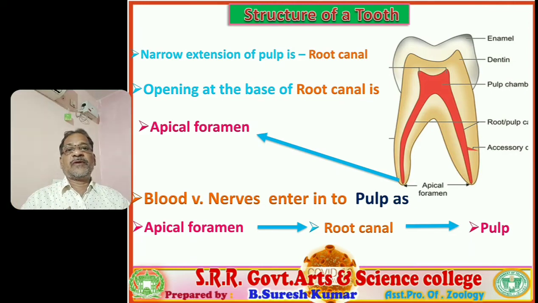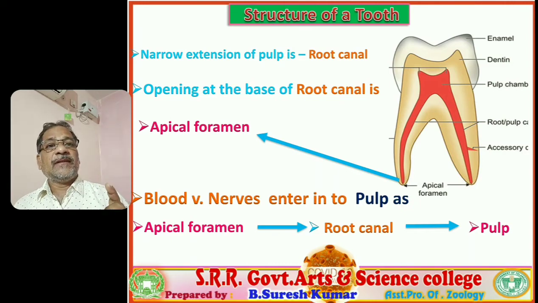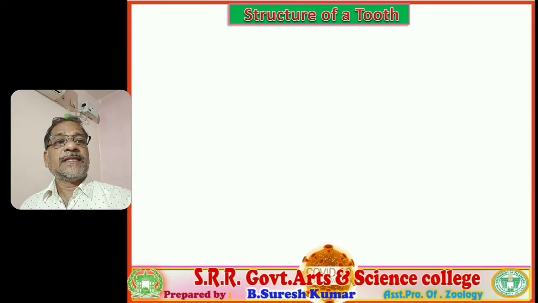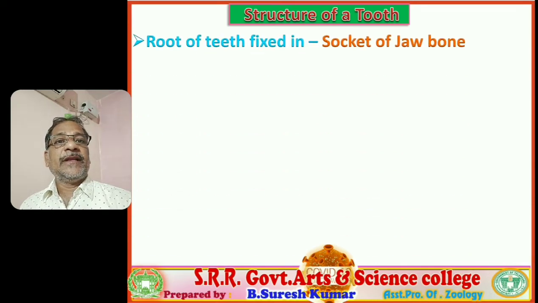Based on it, sequence based questions are raised in entrance examination. So what we learned: the narrow extension of the pulp is root canal. Next, at the base of root canal, apical foramen is present. Through the apical foramen, the nerves and blood vessels pass into the pulp cavity.